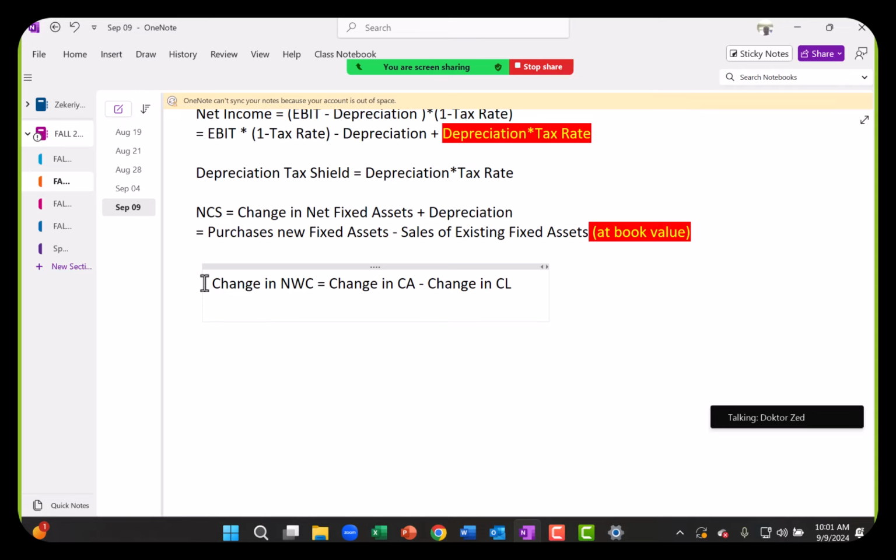The reason we take out both net capital spending and change in net working capital out of operating cash flow, remember, cash flow from assets is the amount that you're free to distribute between your shareholders and your creditors. Operating cash flow tells you how much money you made, but some of that money you're spending on new capital, which is the net capital spending.